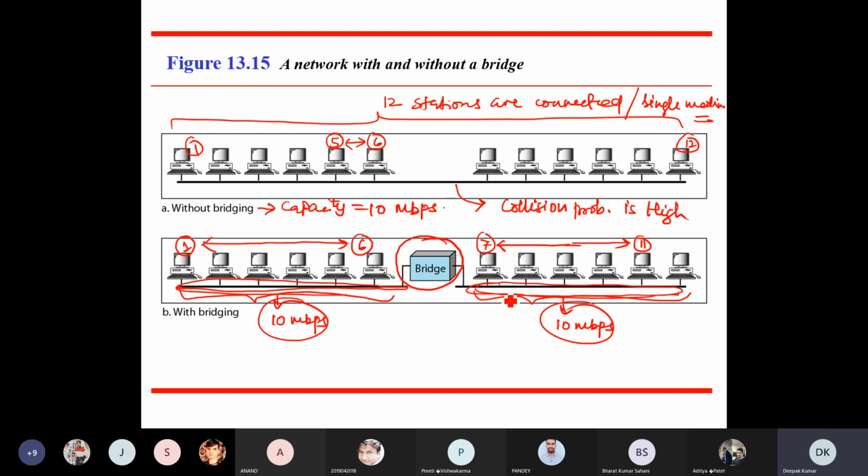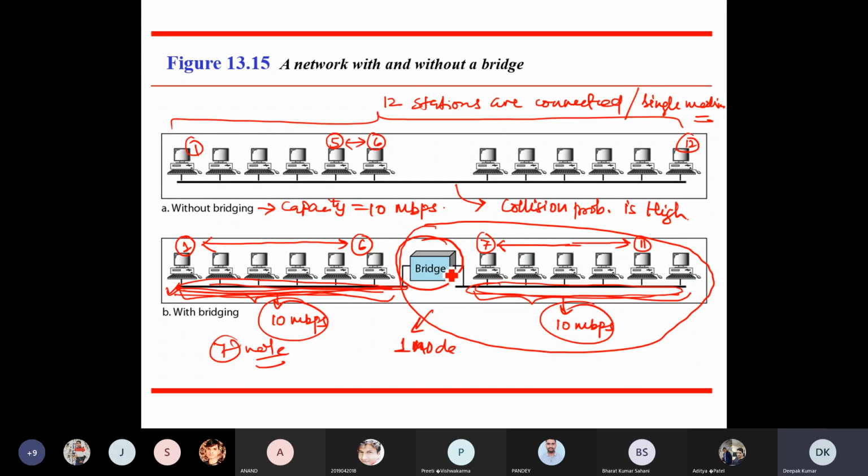Effectively, the total capacity through this link covers nodes 1 to 6, plus the bridge, which is considered as one node. If you consider this your main network, you have only 7 nodes.